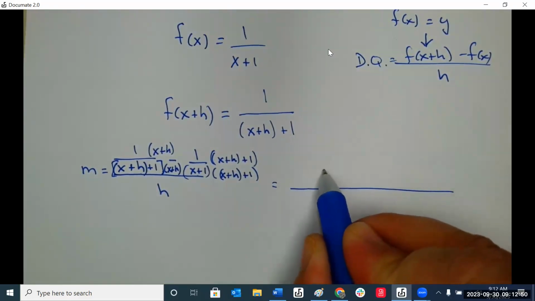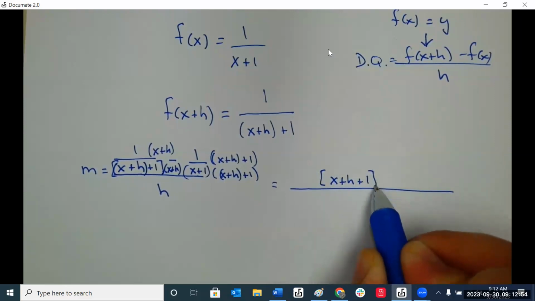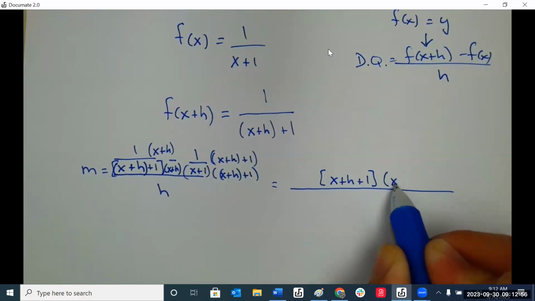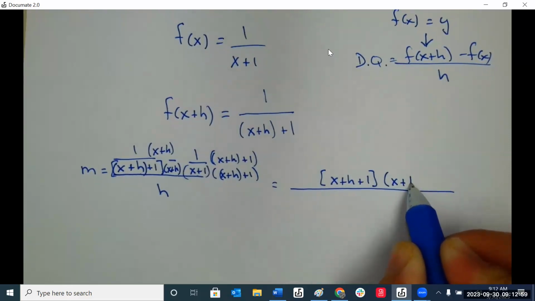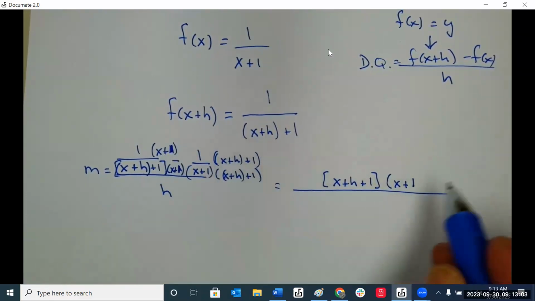So what's our common denominator? x plus h plus 1 times x plus 1.